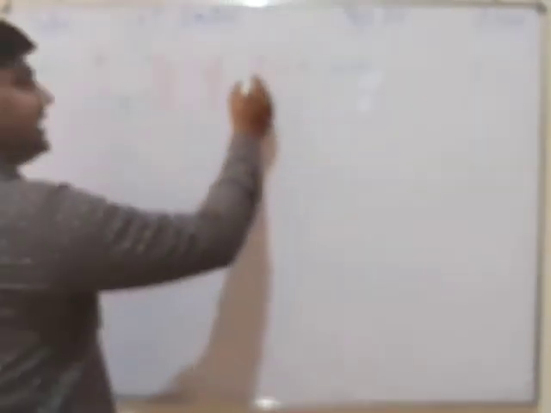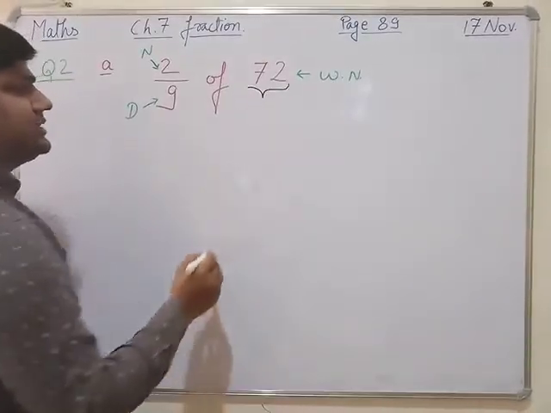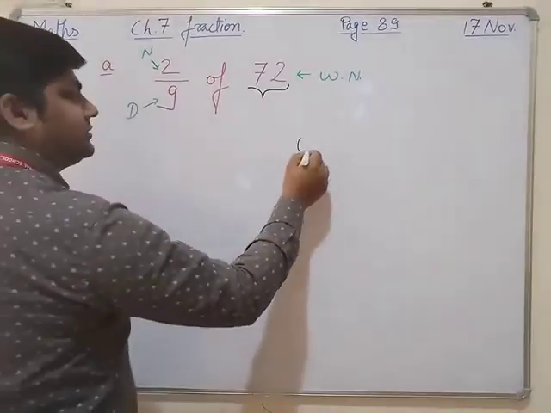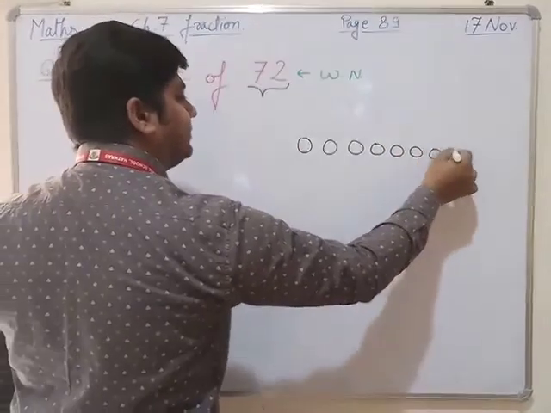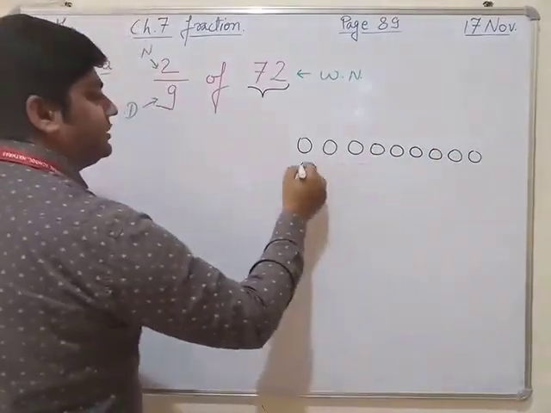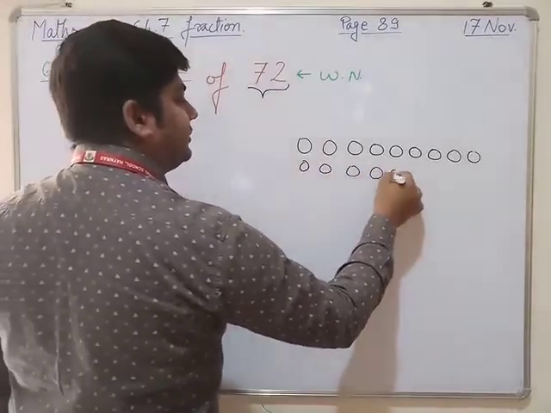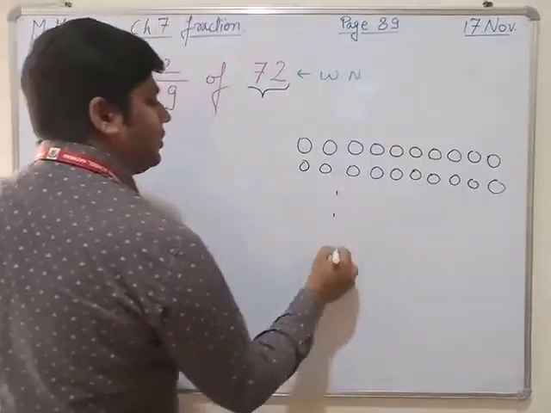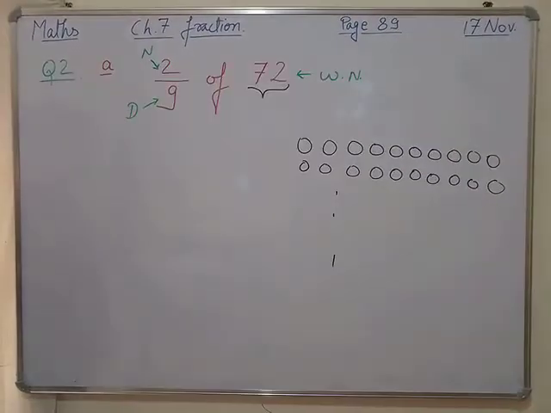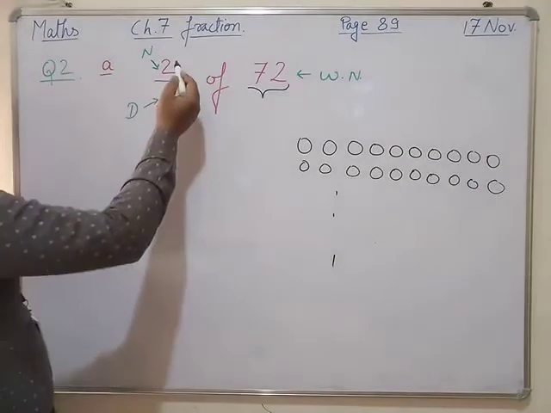How many things do you have? 72. Let's say you have 72 balls: 1, 2, 3, 4, and so on. From these 72 balls you have to take a part in the form of 2/9.